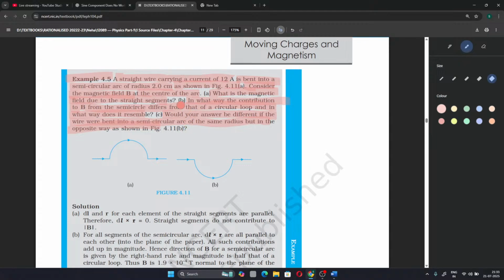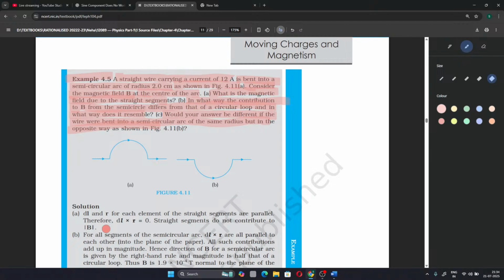In what way does the contribution to magnetic field from a semicircle differ from that of a circular loop, and in what way does it resemble? Because it is not a circular loop, in this case the sine components do not get cancelled.